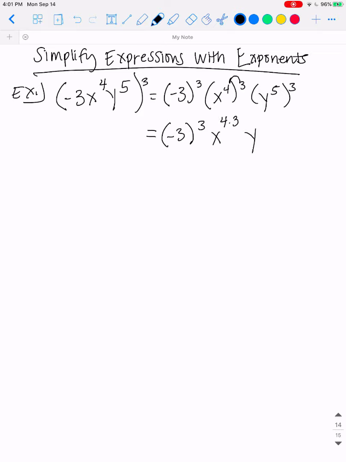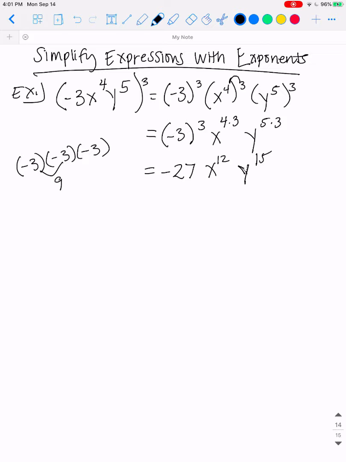Same thing here, distribute the 3, multiply. Now, -3 to the third is -3, -3, -3. So -3 times -3 is 9, and 9 times -3 is -27. 4 times 3 is 12, and then 5 times 3 is 15. Good job, guys.